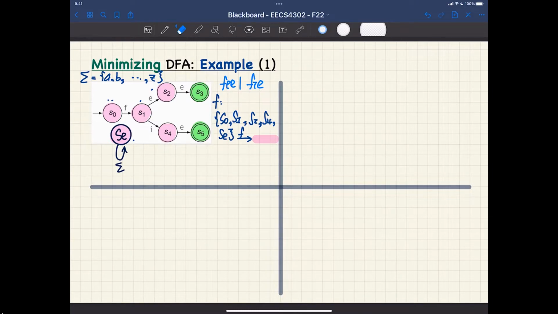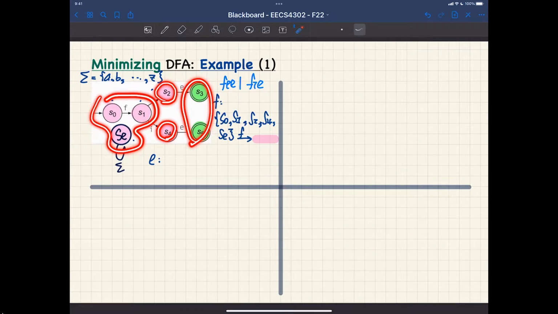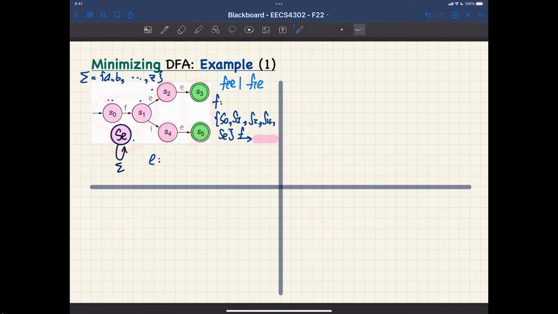Let's try the E here. If I try the E here, you can see for this one, S2 and S4, they will lead to the green partition. Whereas for these three states over here, they will simply lead to the states still in the pink. All right? Let's now write it down.